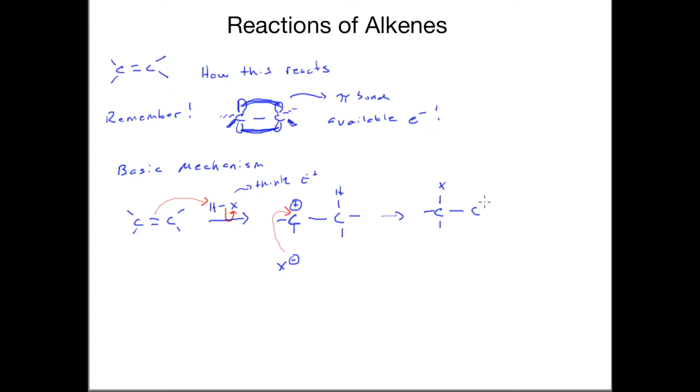So you can see now that we have our completed structure where we've added HX across the double bond, but this is in general how the alkenes are going to react. You're going to end up with this carbocation intermediate, and then something's going to come in and attack our carbocation.